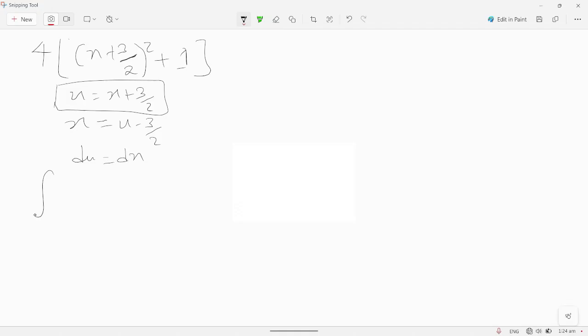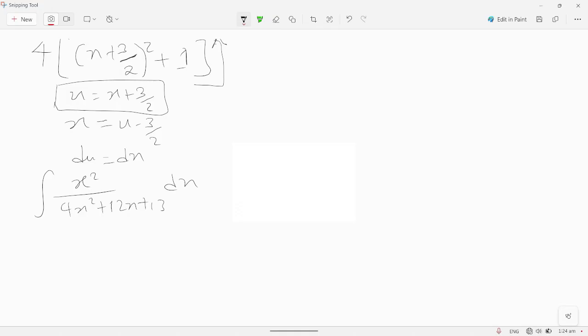From our original integral, which is x squared over 4x squared plus 12x plus 13 dx, we replace the denominator, which was done by completing the square, and the u and the x.